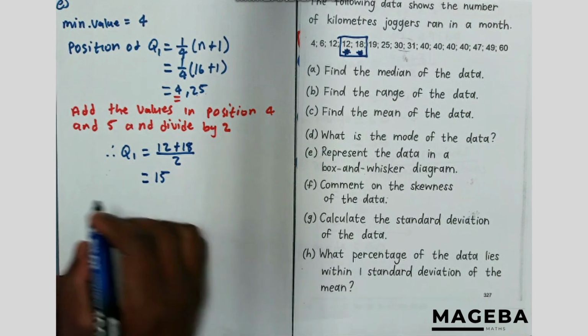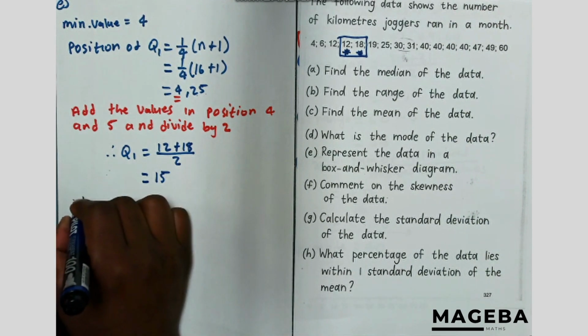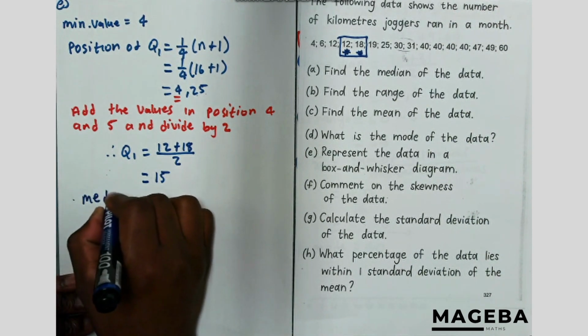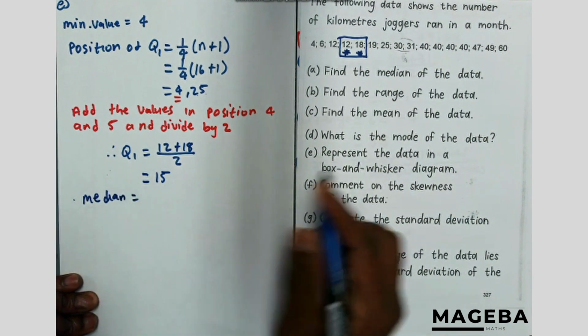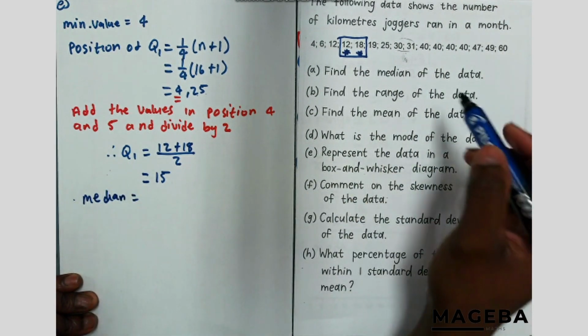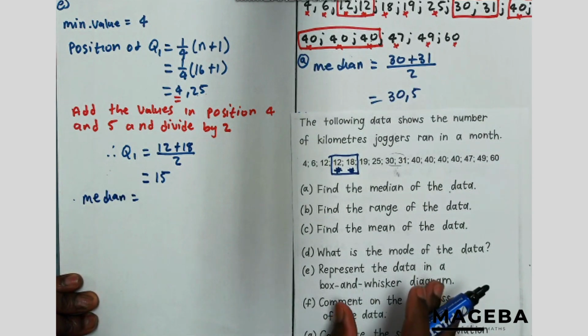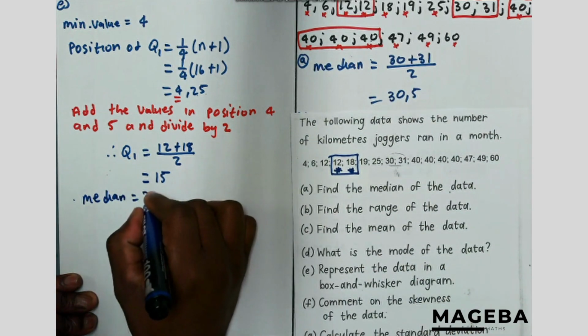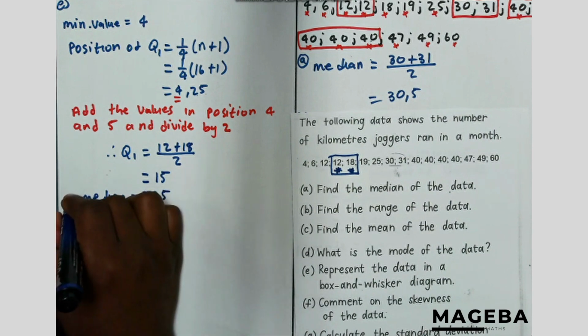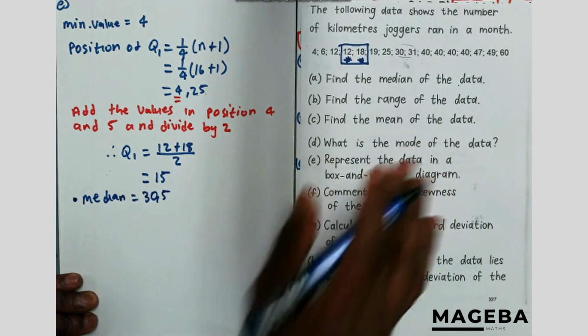Still, in order for us to draw a box and whisker, we need a median. We've already calculated the median in our question here. We found our median was 30.5. So we do have a median for drawing the box and whisker.